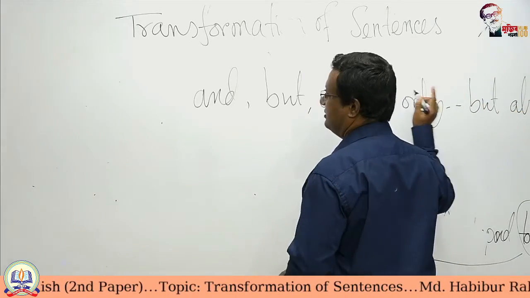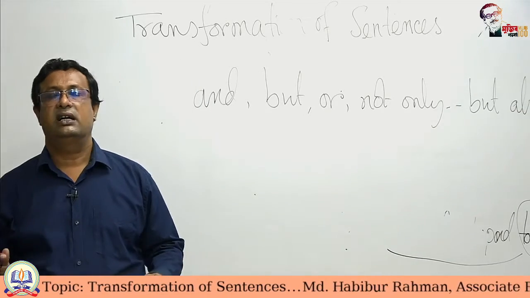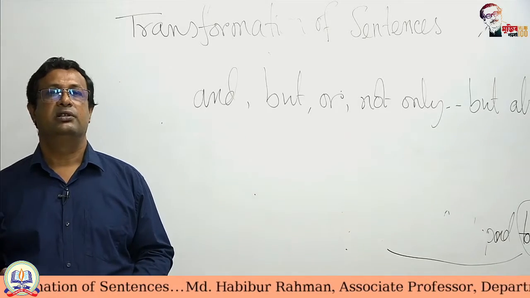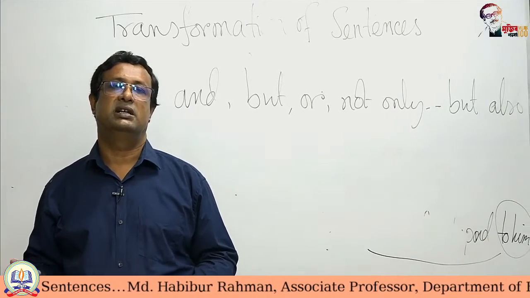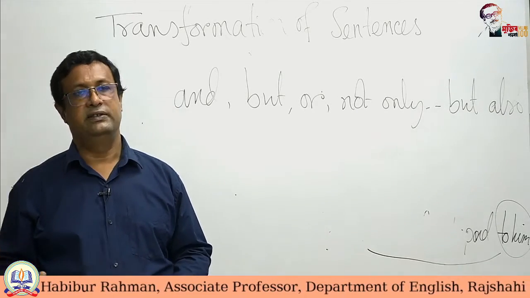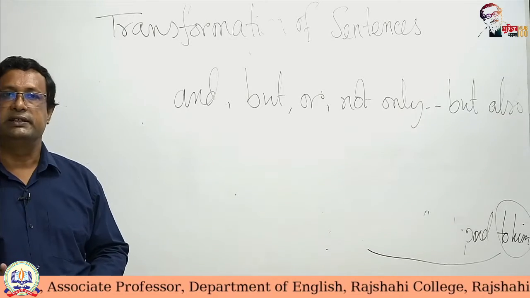These are common conjunctions of compound sentences. And other conjunctions, you know, so many: when, which, what, how, who, etc. They are all used in a complex sentence.